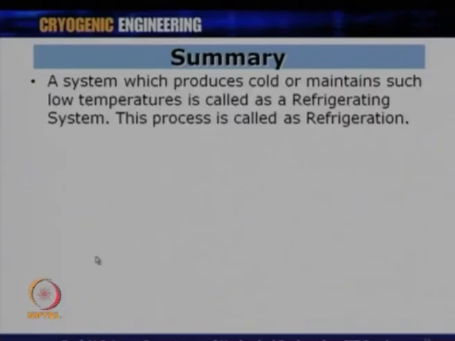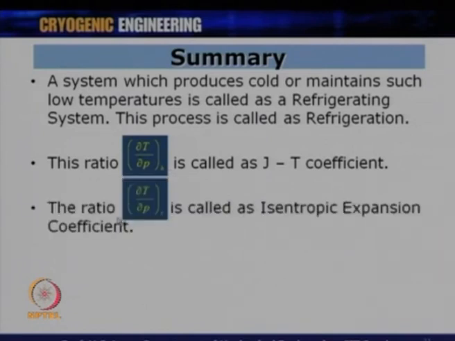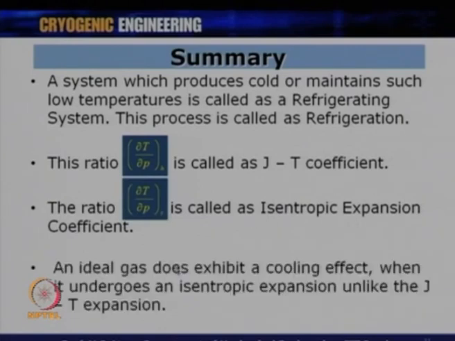In summary, a system which produces cold or maintains such low temperature is called a refrigerating system. This process is called refrigeration. The ratio of delta T by delta P at constant enthalpy is called the JT coefficient. The ratio of delta T by delta P at constant entropy is called the isentropic expansion coefficient. An ideal gas does exhibit a cooling effect when it undergoes isentropic expansion, unlike JT expansion.